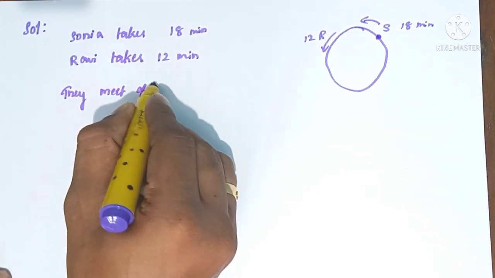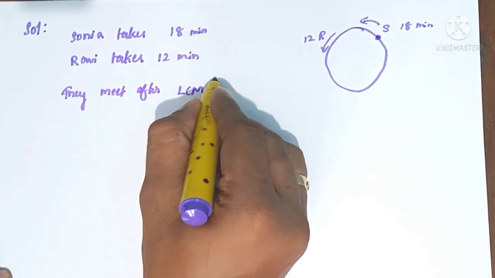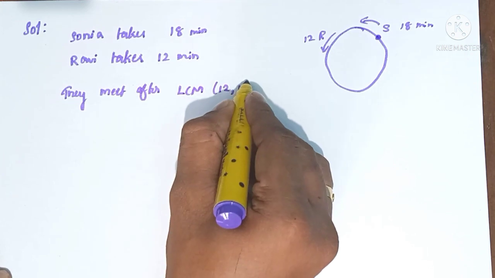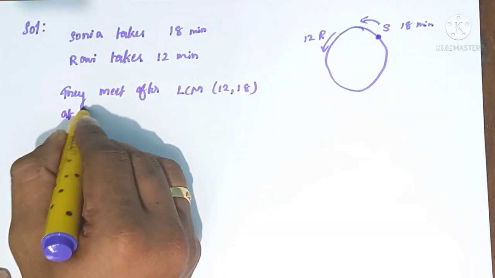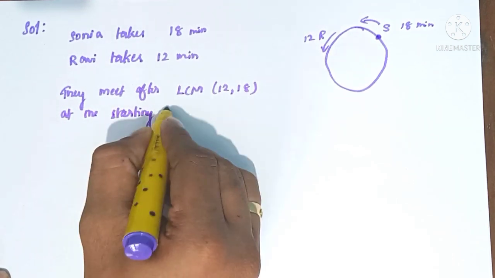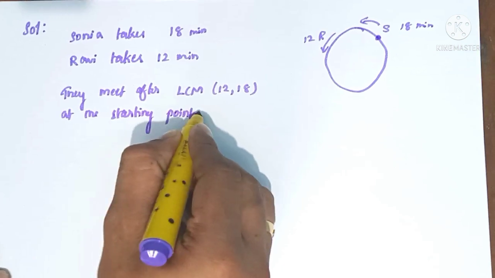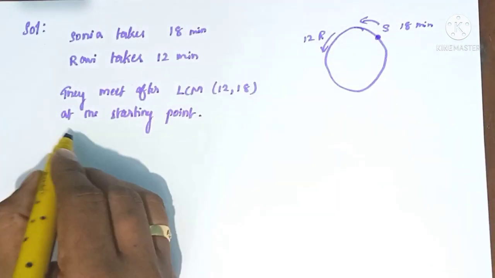They meet after the LCM of 12 and 18 at the starting point. Okay, so what is the LCM of 12 and 18?